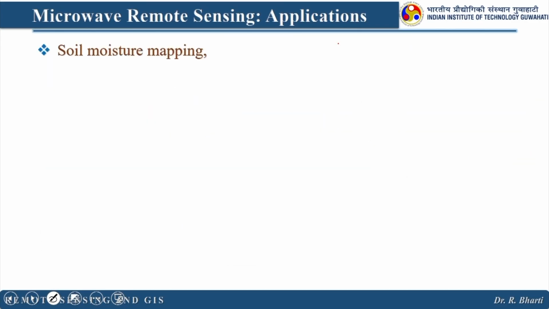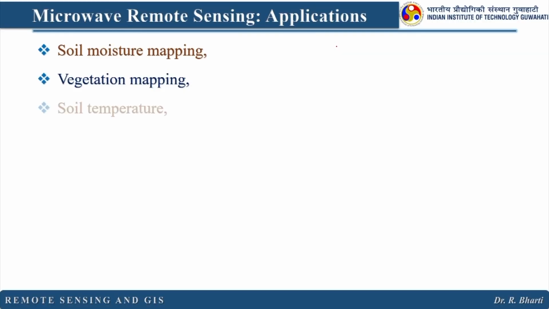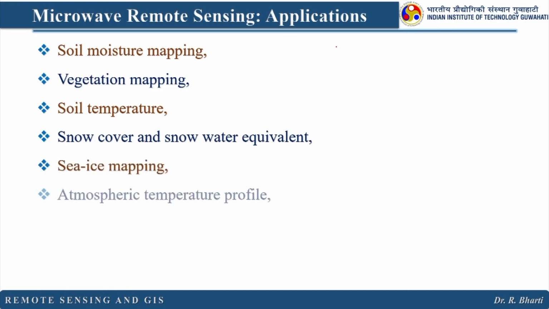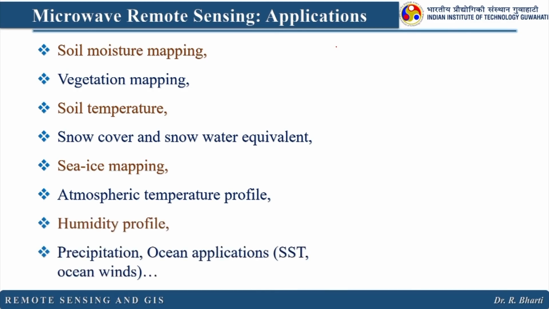And here we have some list like soil moisture mapping, vegetation mapping, soil temperature, snow cover and snow water equivalent, sea ice mapping, atmospheric temperature profile, humidity profile, precipitation, ocean application, right.